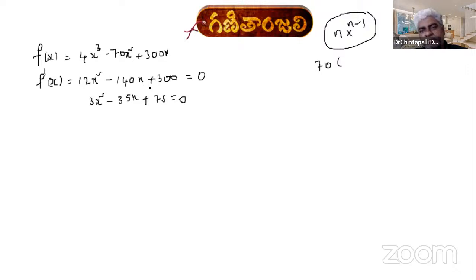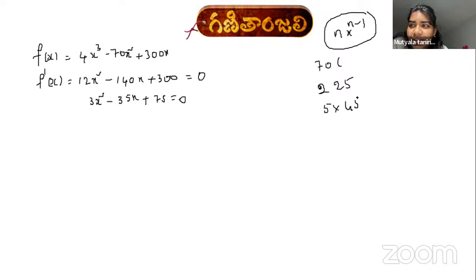Can you factorize it now? You know how to factorize? 3 times 75 is 225. We try factor pairs of 225: 5 times 45, 9 times 25, 15 times 15.